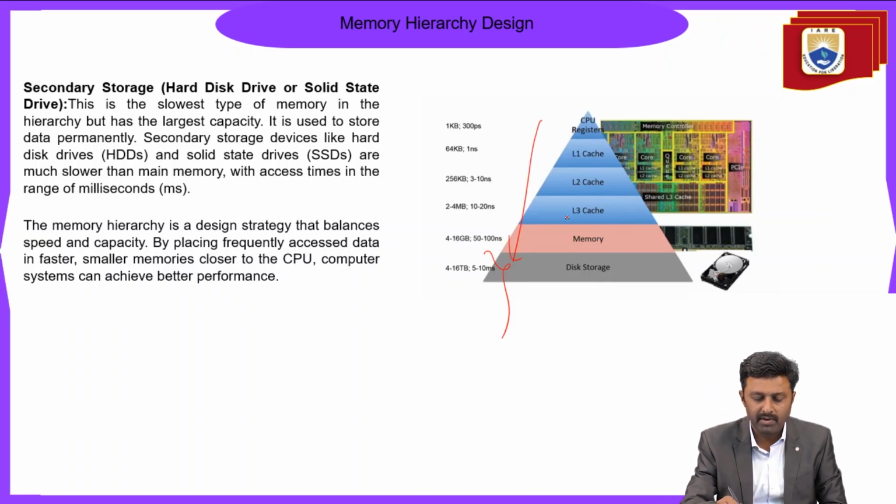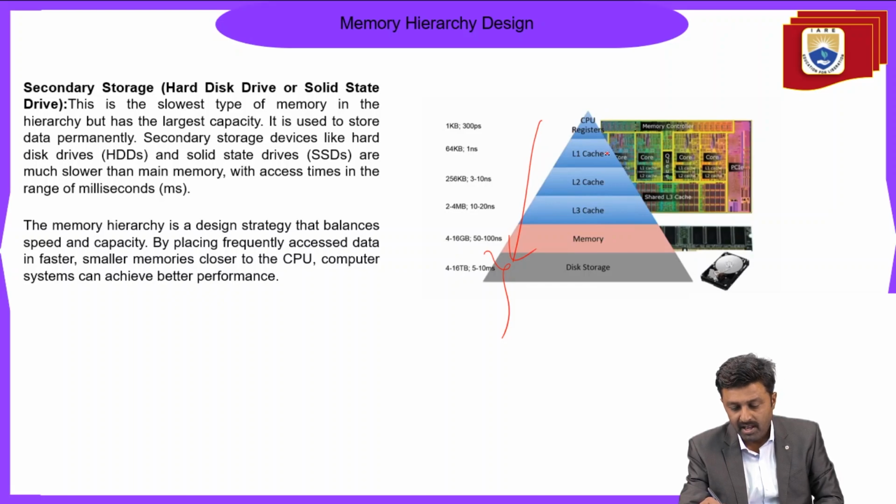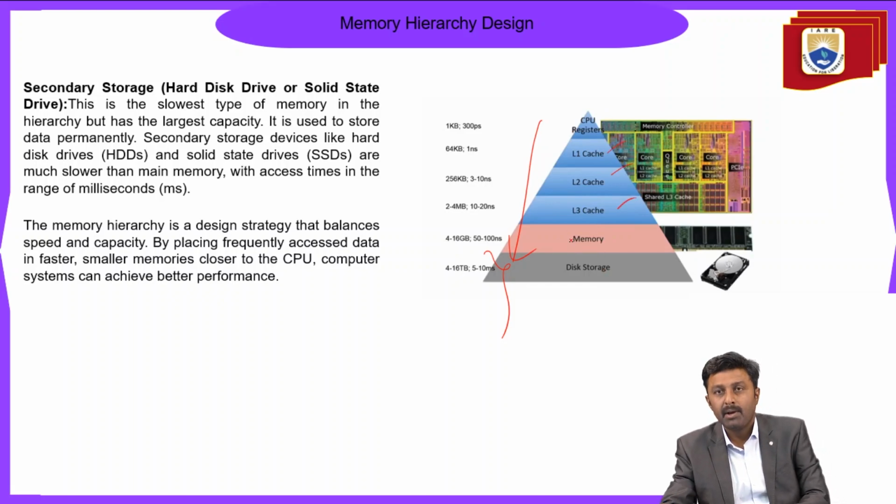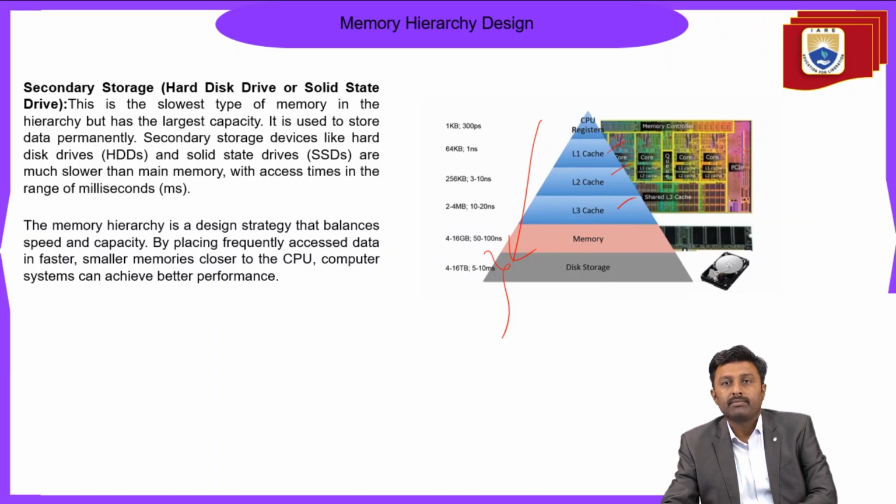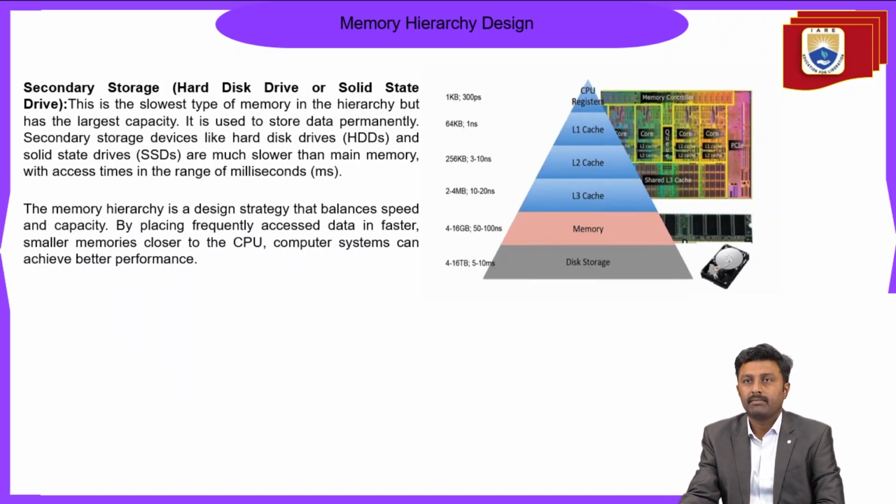According to requirements, the different levels of caches should be selected, to achieve better performance. These are some examples of secondary storage.